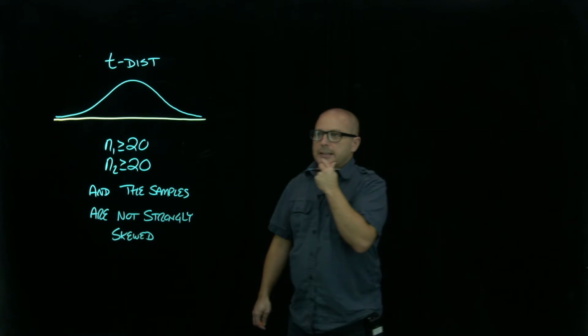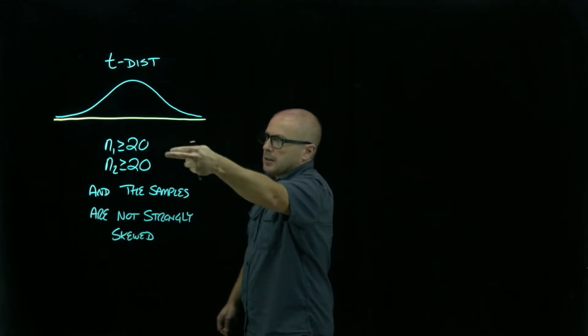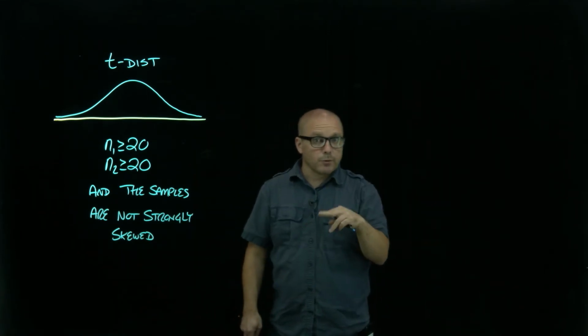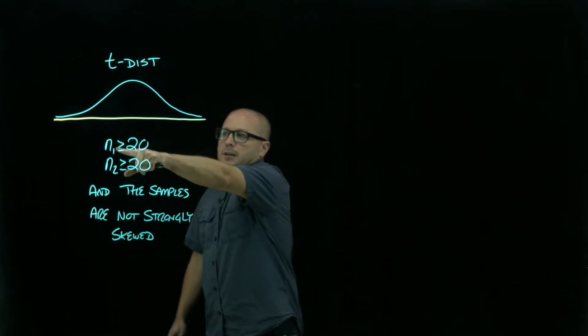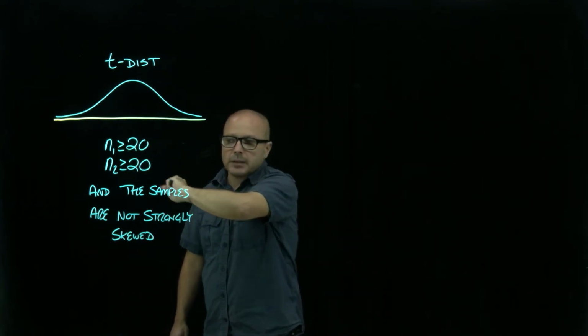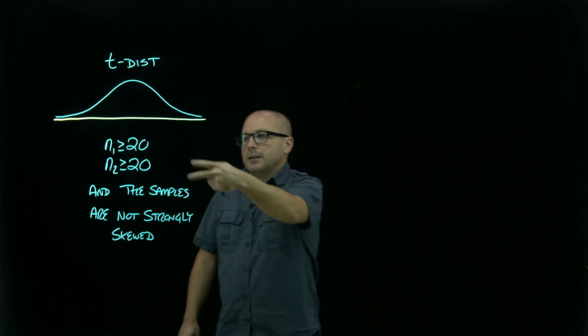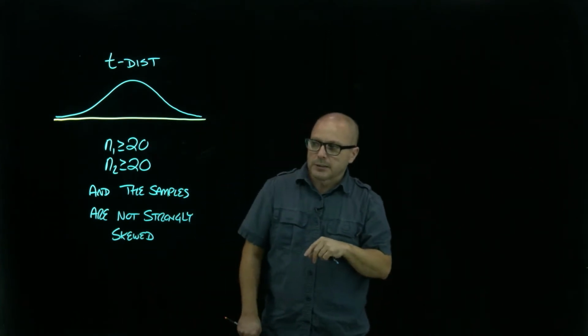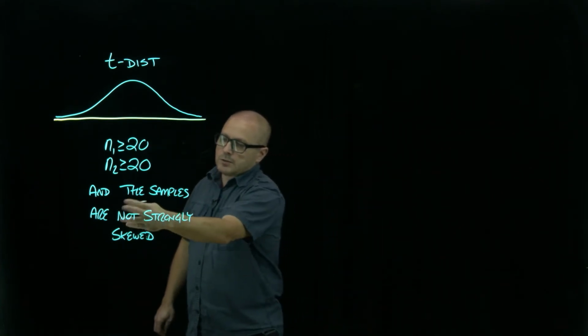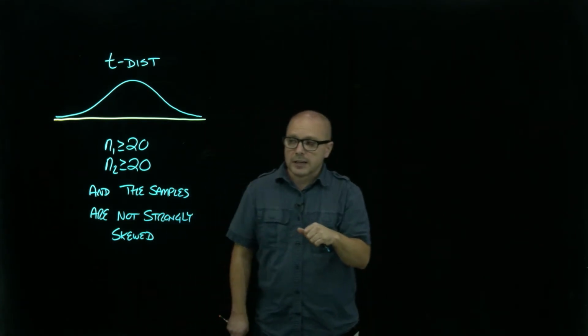So those are our validity conditions. So as long as we have big enough sample sizes from both groups, and notice it's the same as when it was just a single mean, the condition was sample size 20. Now when it's two means, both samples have to be at least 20. And we don't want strong skewing in either one of those samples.